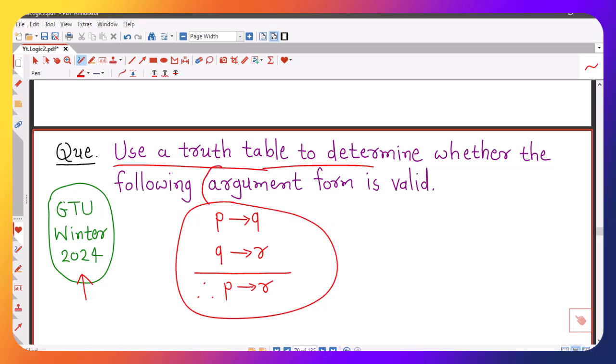So we try to prove that this argument form is valid using a truth table, and if you remember, we proved one argument form, modus ponens, in the previous lecture. Whenever we use a truth table to prove that an argument form is valid, we first write down the propositional variables.